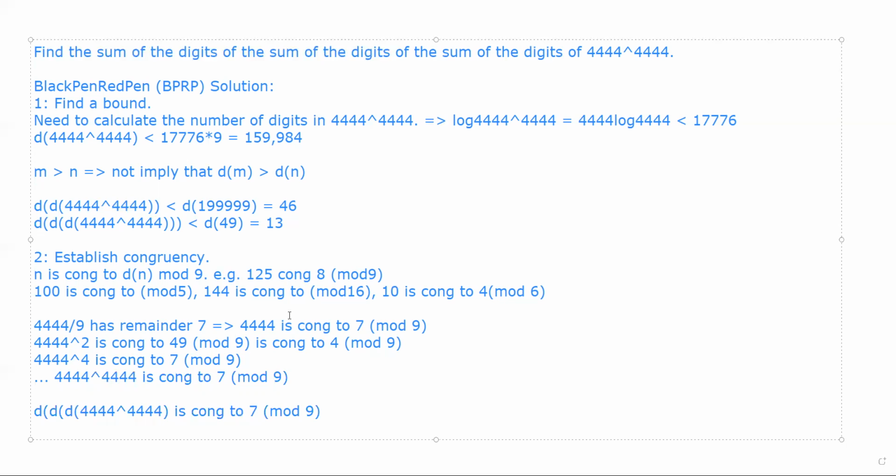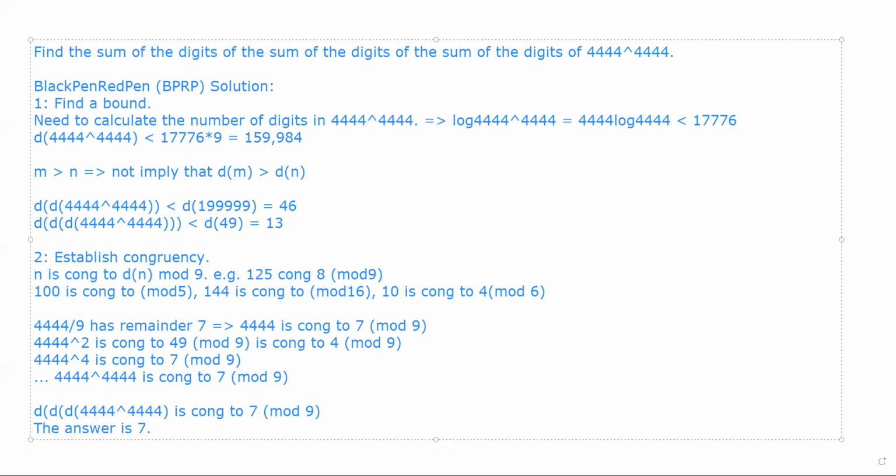Well, we now know that the digit sum of the digit sum of the digit sum of this number is less than 13 and is congruent to 7 mod 9. And there's only one number that fits both these restrictions, and that is 7.